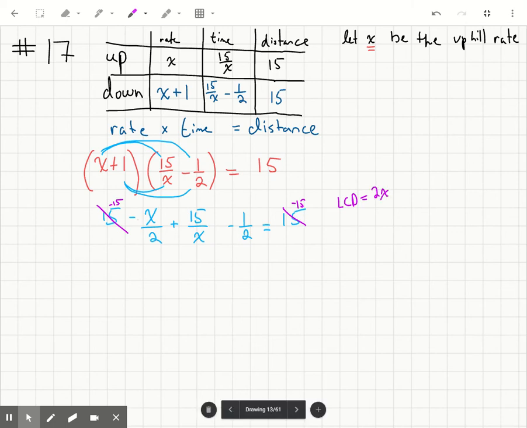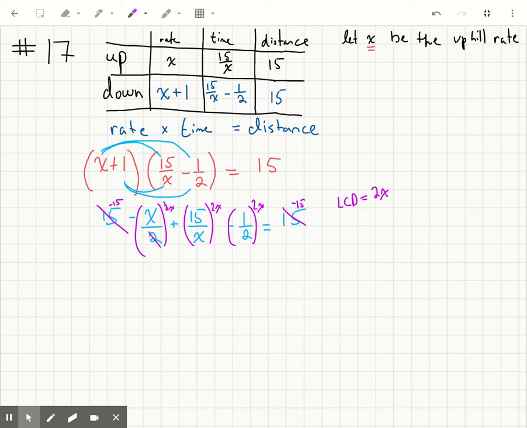So I need to multiply all these parts by 2x. Okay, so I'm going to do that. Times everything by 2x. The nice thing is it's already set equal to 0 there. Okay, so when I do that, this 2 and 2 cancels.